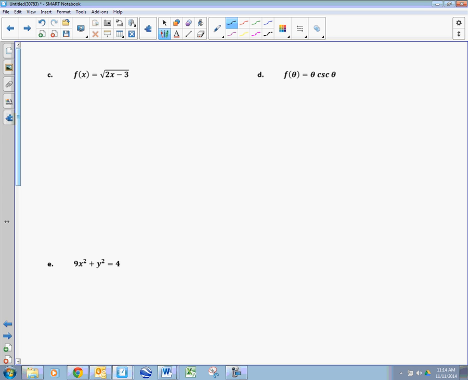First and second derivative, f prime of x. Okay, I'm going to set up the boxes here so we don't get lost. What's u? What's the inside? What's the outside? I hope that at this point you've memorized the derivative of u to the 1/2. You don't have to think it through.